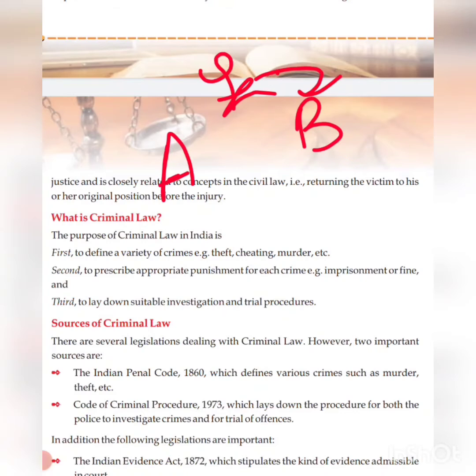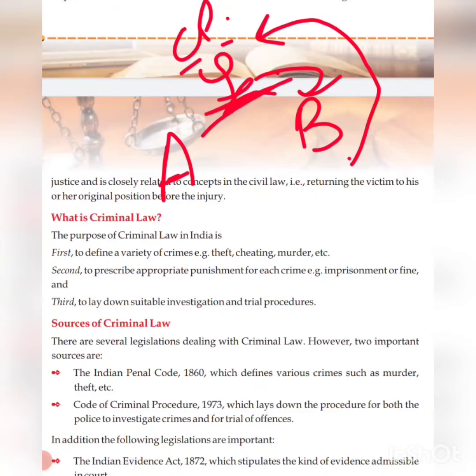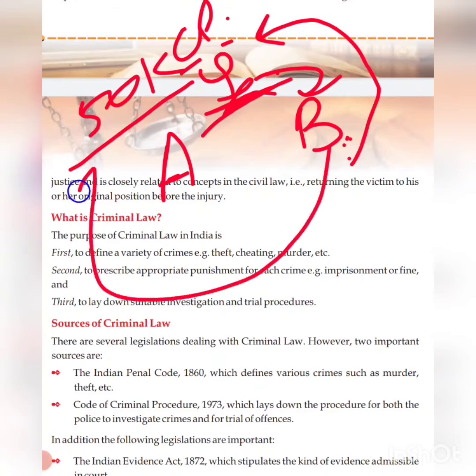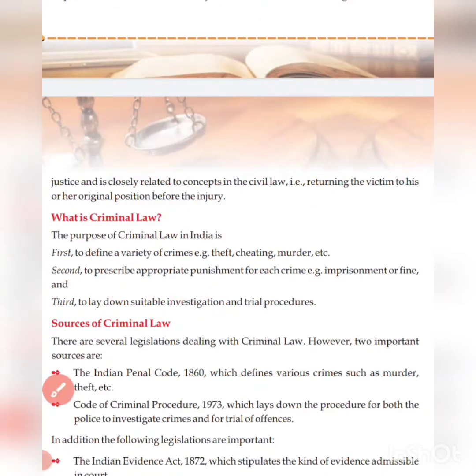So now B will have to pay the amount of this vehicle, the CP of the vehicle, because before the accident, before this injury, the price of the vehicle was, suppose, 50k. Then B would have to pay this 50k amount to A, because that was the amount of the vehicle before the injury. So this person will be brought back to the position where he was before the injury. So that is compensation only, right?